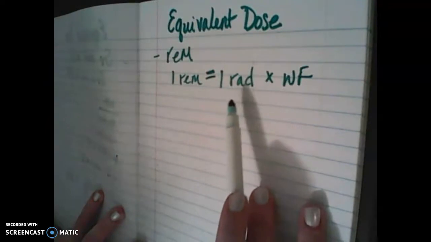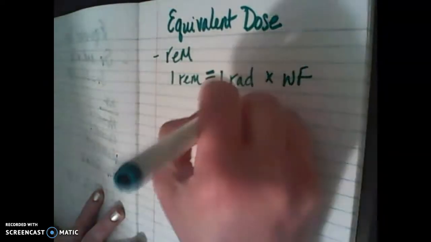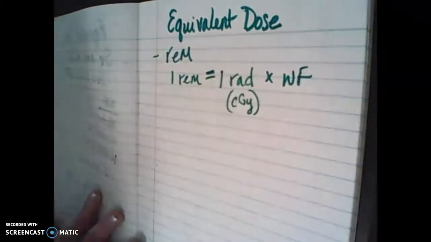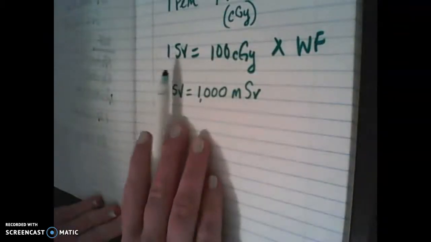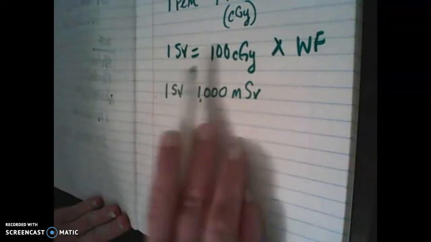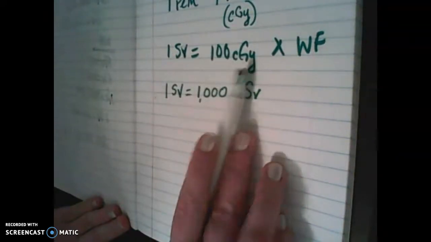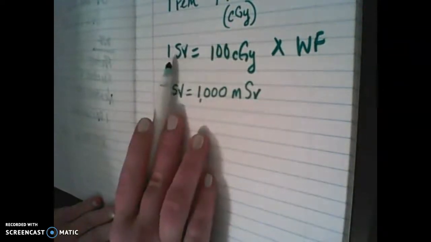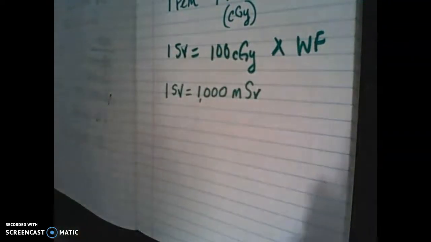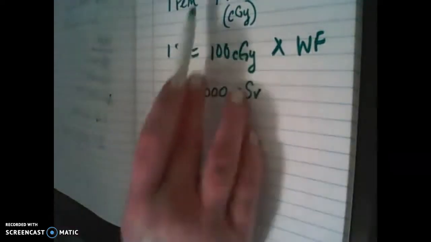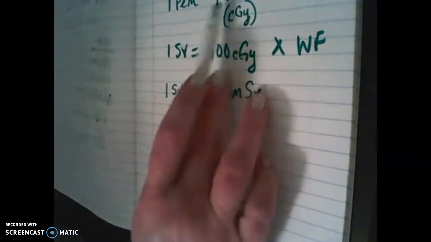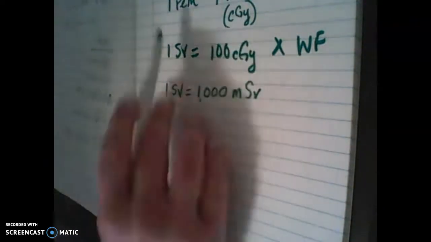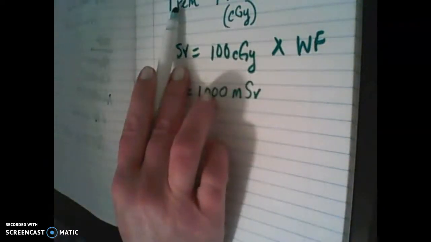Well, we know that a rad is equal to a centigray, so they're the same size. But the sievert is equal to 100 centigray times the weighting factor. So we know that the sievert is a much larger unit than the rem. How much larger? By 100, because there are 100 more units within it than within the rem.